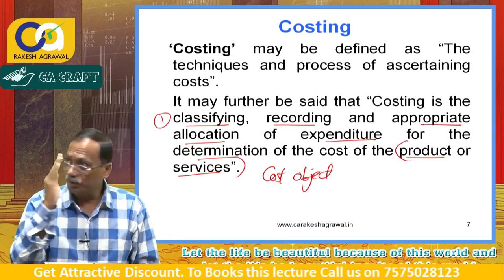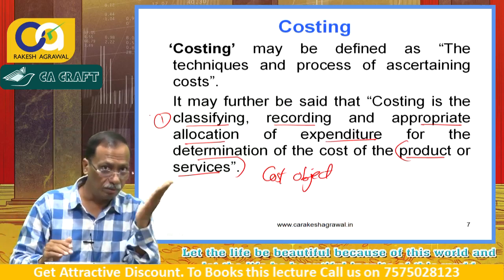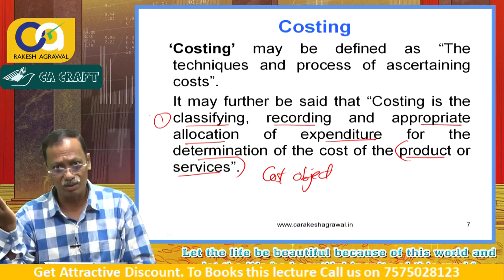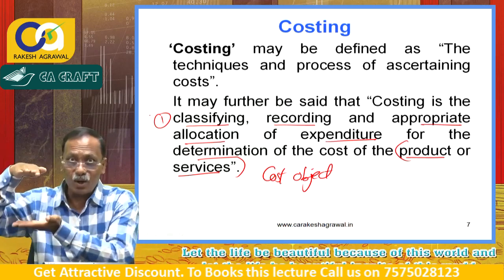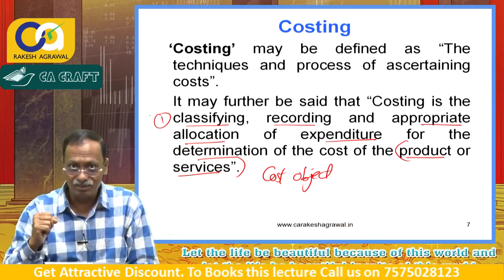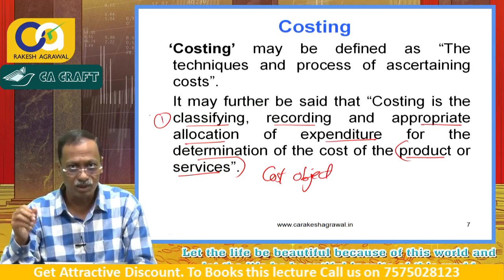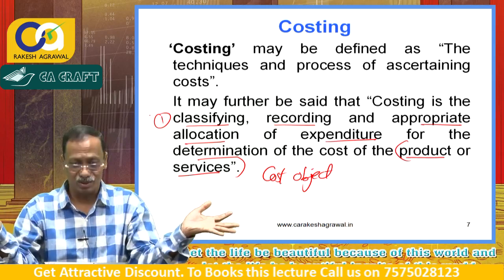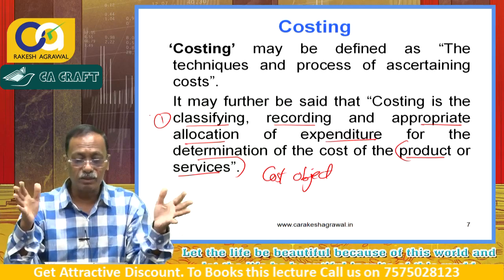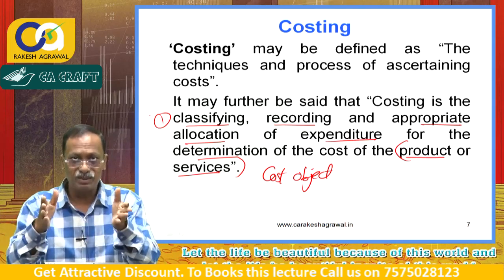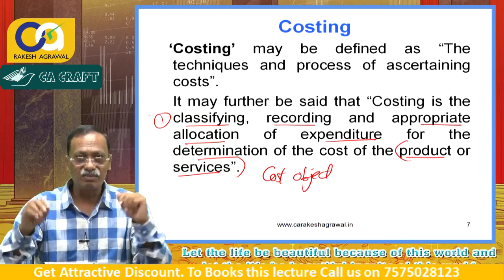Then each cost we further classified into direct cost and indirect cost. And then indirect cost together we further classified in three parts: factory overheads, administration overheads and selling and distribution overheads. This was classification of cost. So in the procedure of calculation of cost, the first step is to classify the cost.